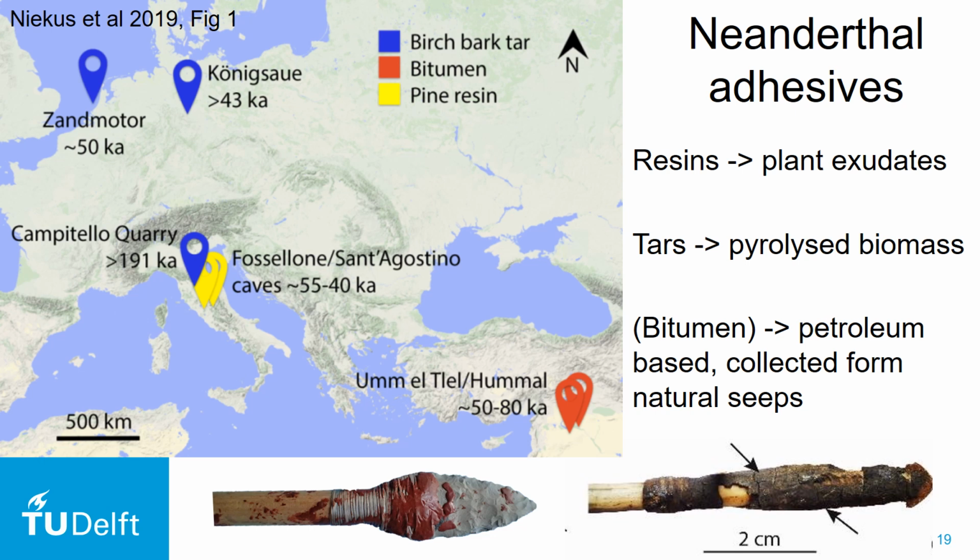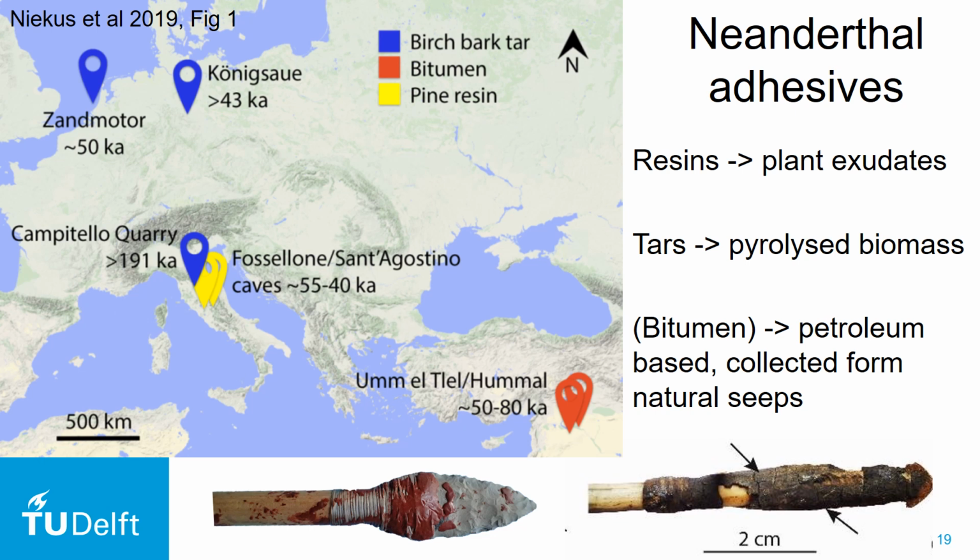Okay, so glues are used to bond two surfaces together. And in prehistory, we generally see the bonding of a tool with a handle. And that's what you see here. Here is the tool, here is the handle, here is some binding, and here is a very sloppy adhesive.